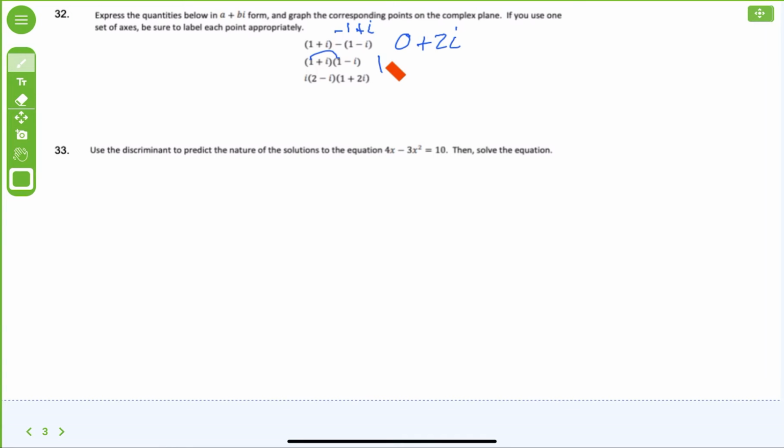Well, i squared is a -1. So we would have 1 minus a negative 1, which would be 2.